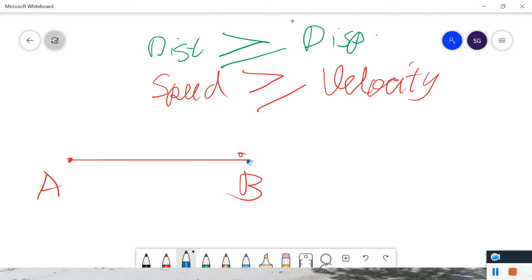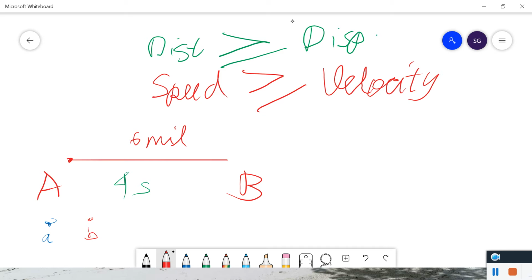This was point B. So say it is 6 miles and it took 4 seconds. So here distance and displacement are the same, since person A and person B both went from the first point to the second point, they have not deviated from anything.